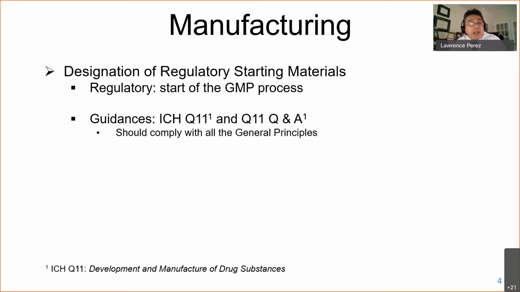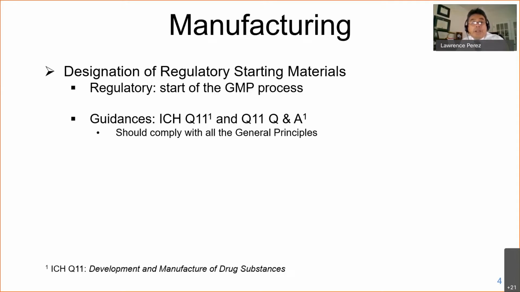Now, this is important because the designation of the regulatory starting materials signifies the start of the GMP process. At the FDA, we look to the guidance ICH Q11 and its corresponding Q&A for basically the general principles that we use to help designate these regulatory starting materials.